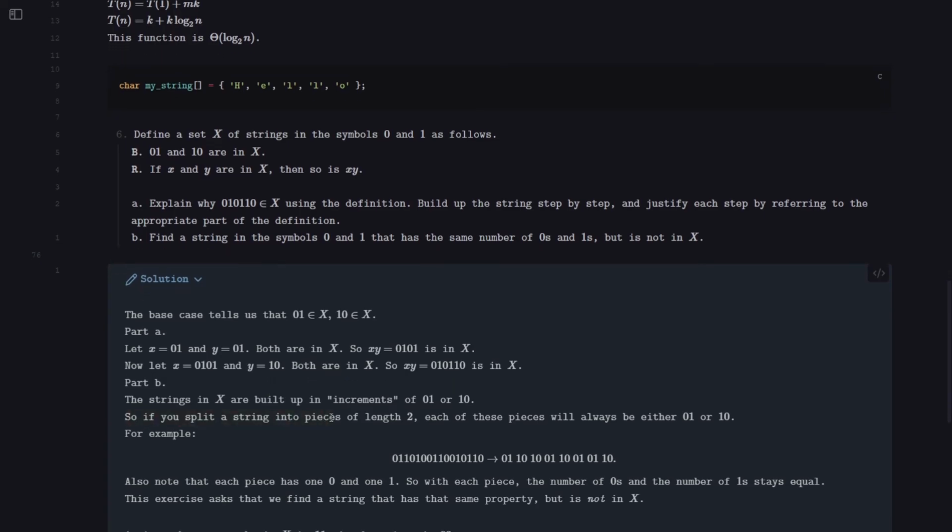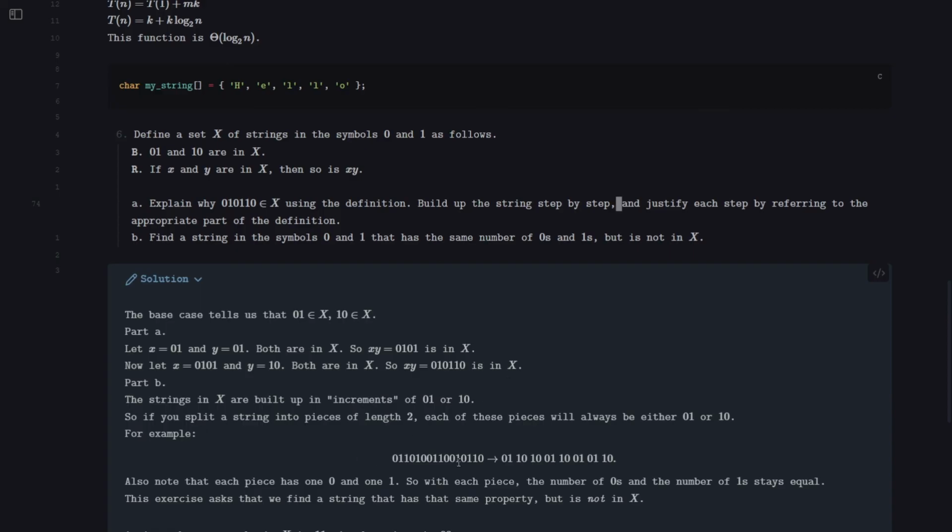Okay, so when building up a string like we did in part A, we're doing that 2 characters at a time, and each of those steps is either a 0, 1 or a 1, 0. So for example, this very long string was built by taking 0, 1, 1, 0, 1, 0, 0, 1, 1, 0, 0, 1, 0, 1, 1, 0.